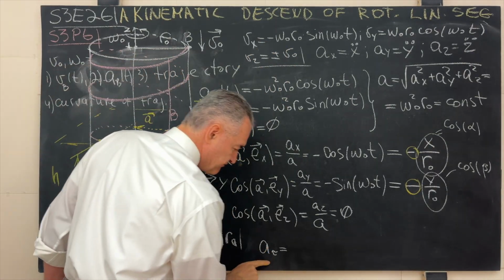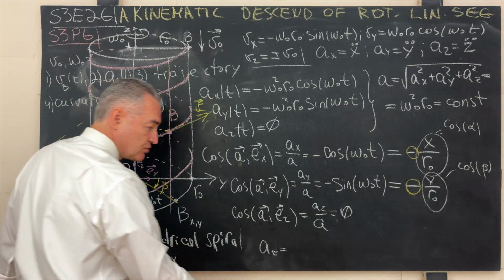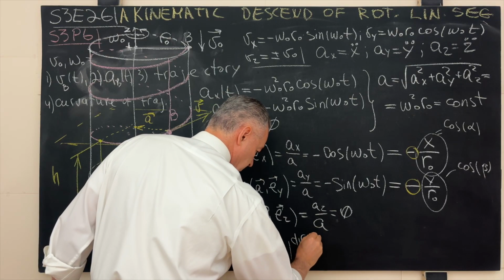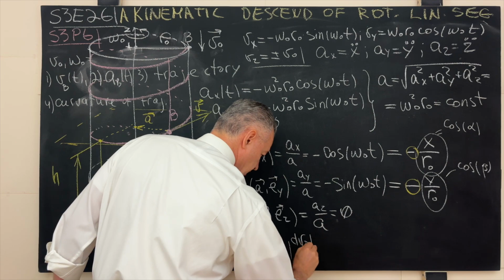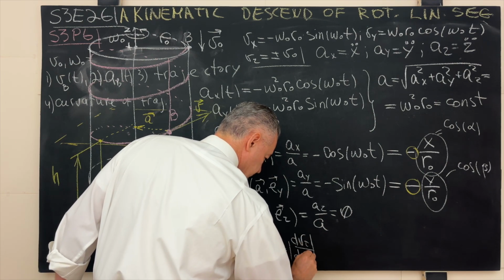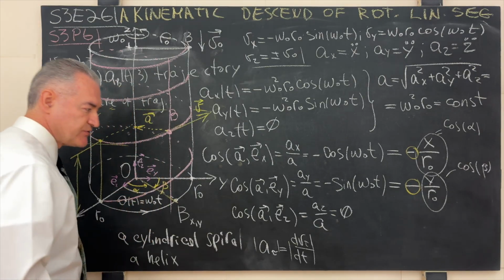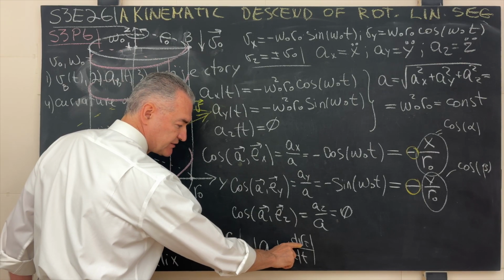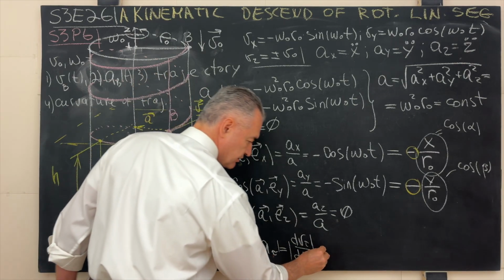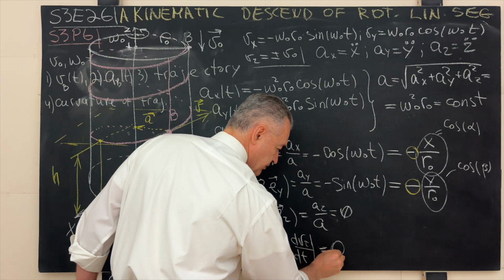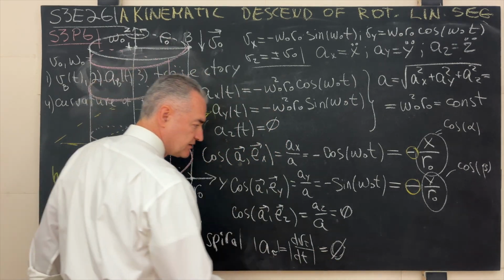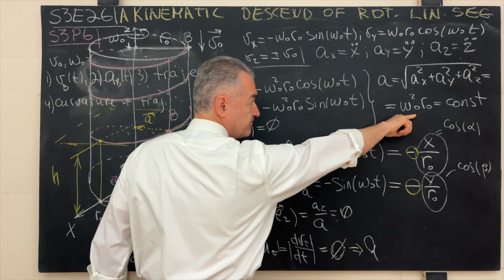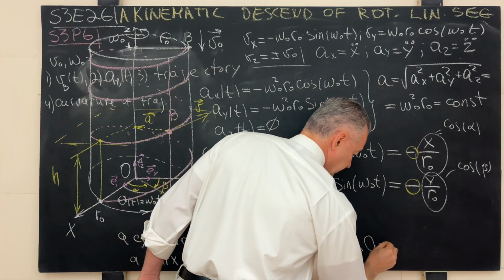That means that the tangential acceleration by magnitude is the first derivative of the tangential velocity over time, which is the velocity of the point. But the velocity is constant, so the tangential acceleration of the point in this case is what? Big, fat, 0.